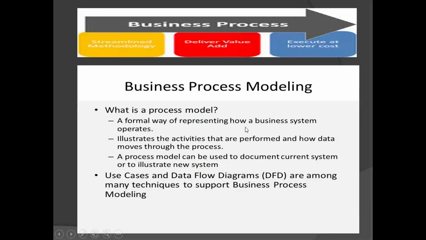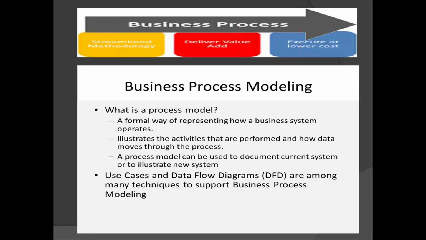A formal way of representing how a business system operates, illustrates the activities that are performed and how data moves through the process. A process model can be used to document a current system or to illustrate a new system.